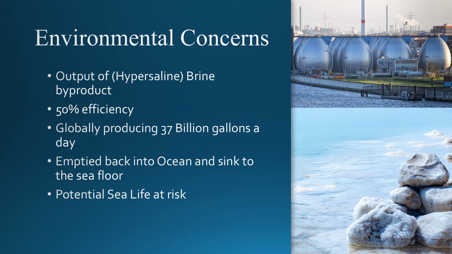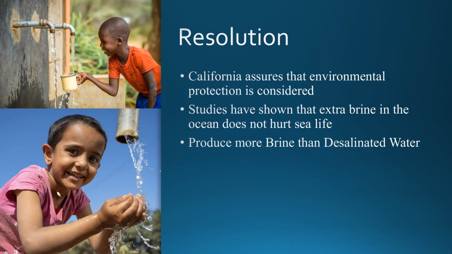A lot of people look at it as a concern for the environment, a concern for wildlife in the ocean, like the reefs and the life at the bottom of the ocean. But California has definitely assured protection.